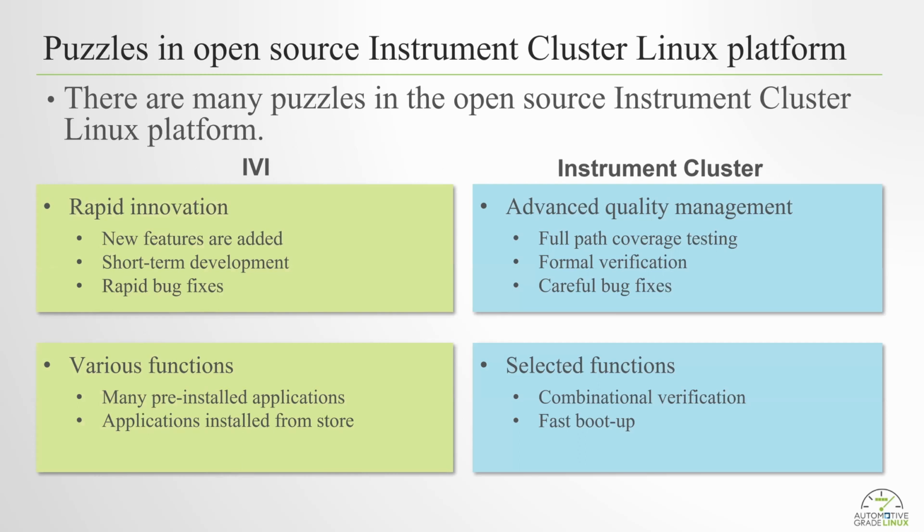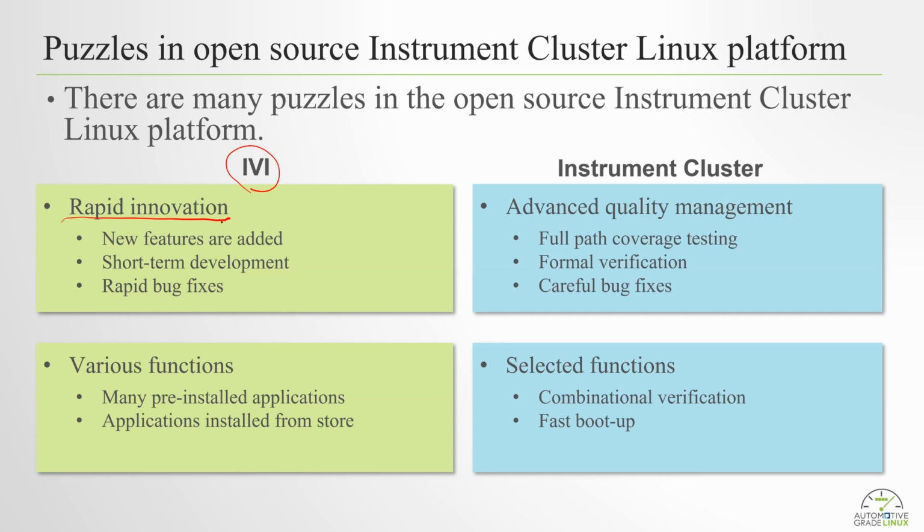Pains in the open source Instrument Cluster Linux platform. There are many pains in the open source Instrument Cluster Linux platform. For example, the IVI requirement is rapid innovation. That means new features are added, short-time development, and rapid bug fixes.